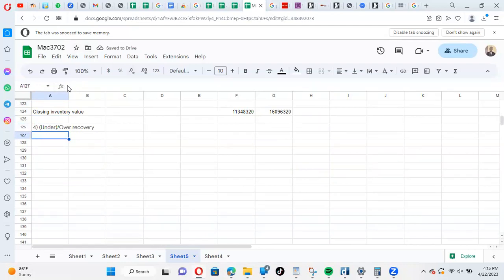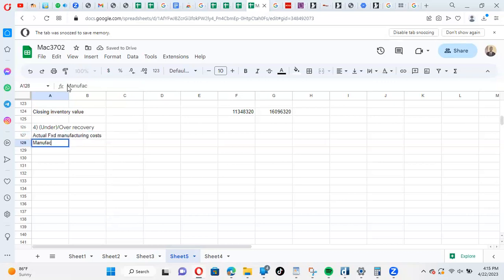Right. So what do we need? We need the actual production manufacturing costs. Let's say manufacturing costs. And then here we can say budgeted or absorbed. Absorbed. I think this is the right spelling there.